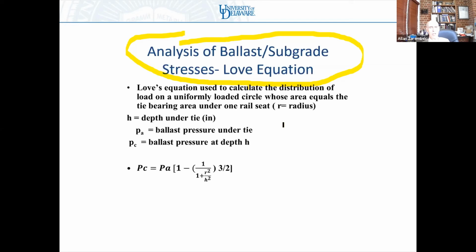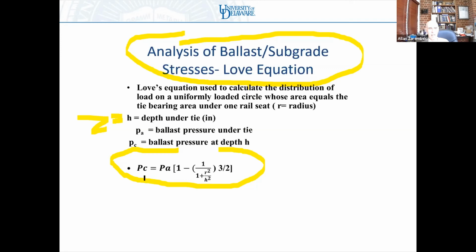So this is similar to some of the highway type of situations where you use a loading plate in the shape of a circle to calculate bearing stresses. And so the Love equation says that the stress at length Z. So in this particular case, Z is equal to H in this equation.